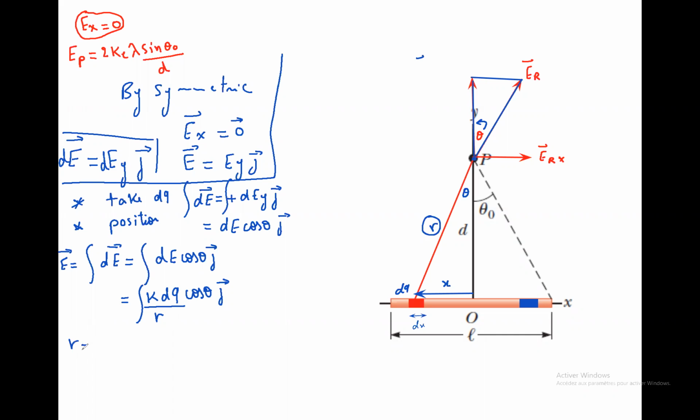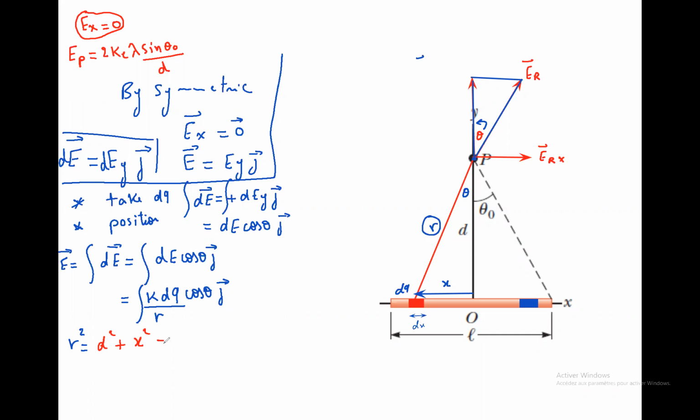R square equal, if we take this triangle, you know, this triangle, this one, and this one, R square equal D square plus X square.